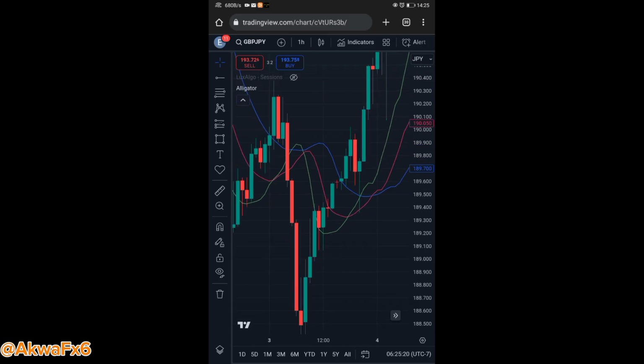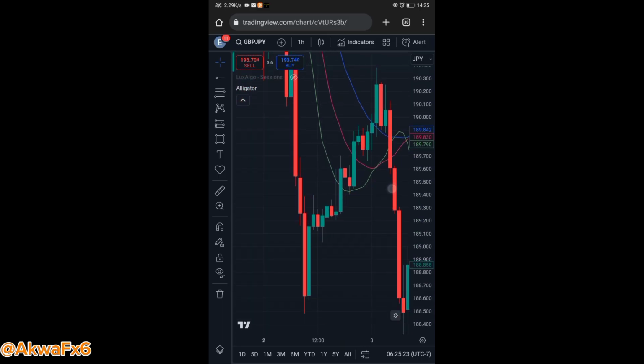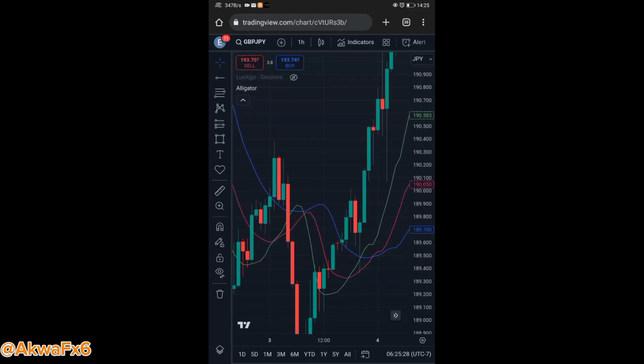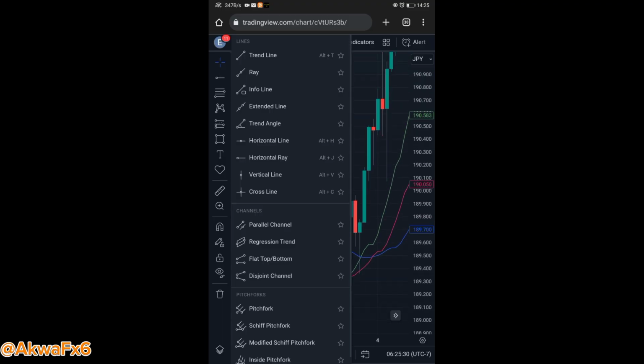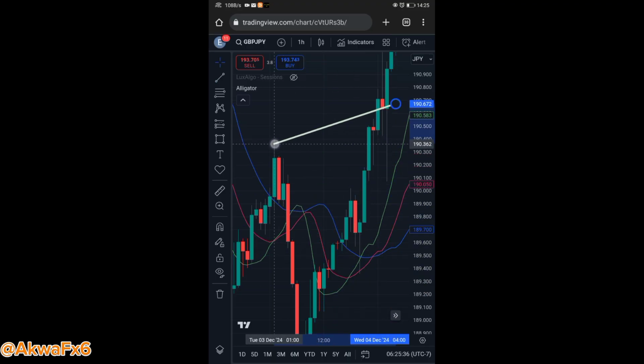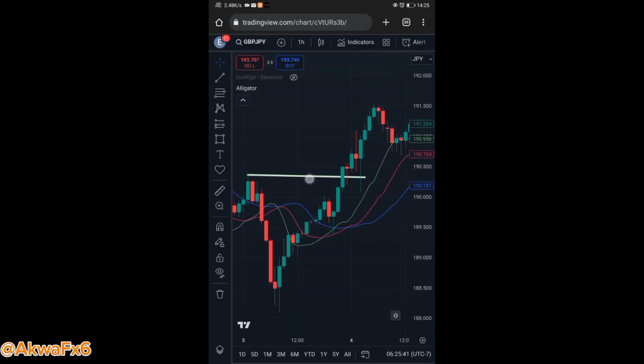So how do we use this to identify our trend? You can see that the market is above this indicator, and here was the last high that the market created. From that point, the market has been above the alligator indicator.